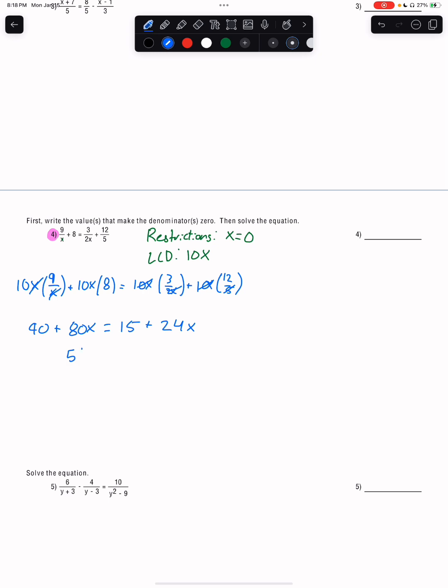We'll get, if you don't understand what I'm doing here, I did this in the previous problems where I just subtracted 90 and put it on the other side, and I subtracted negative 24x and put it on the left hand side. And I use divide by 56. This is our final answer.